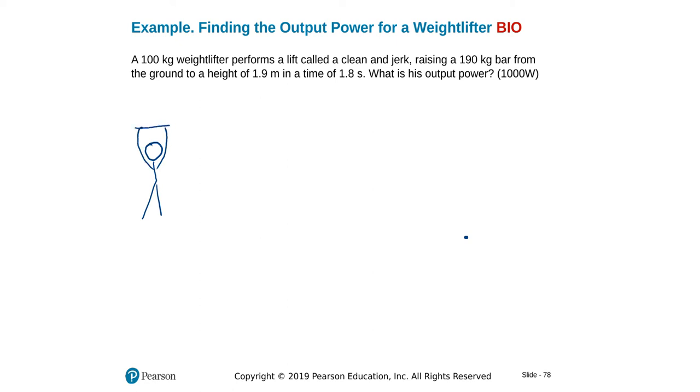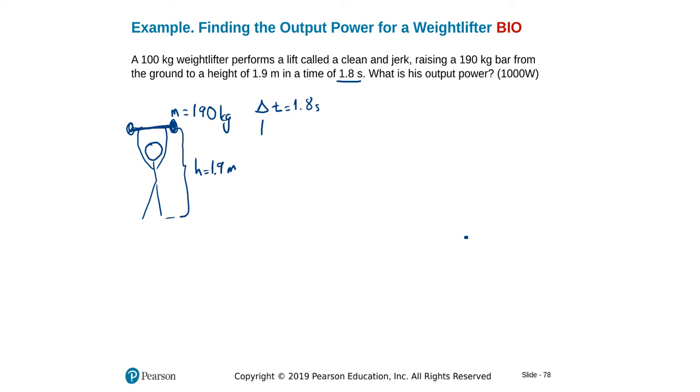So the guy is raising a weight to a height that is 1.9 meters. So I'm going to call this h, 1.9 meters. And the mass of the weight he lifts is 190 kilogram. And it takes him 1.8 seconds to do this lift, so delta t is equal to 1.8 seconds.